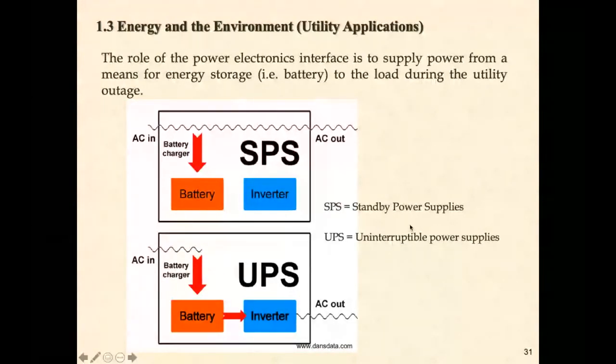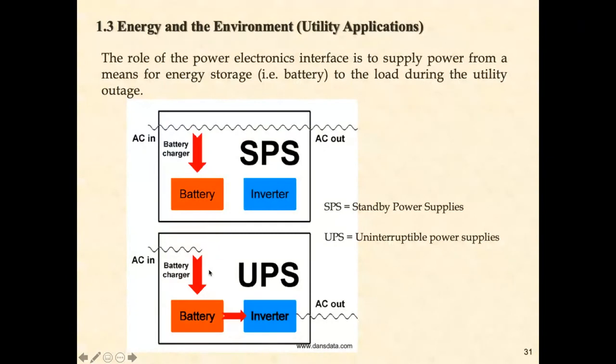So here is an idea of how a UPS works. In normal situations, there is an input and the output, and some of the energy from the source will be stored in the battery. And there is also an inverter on standby.